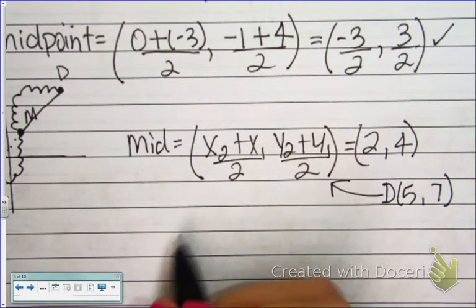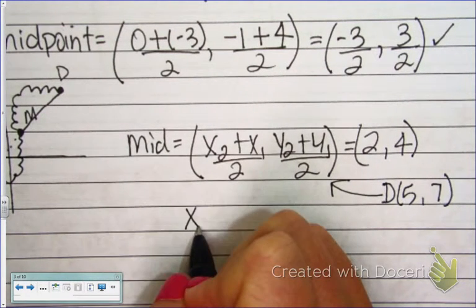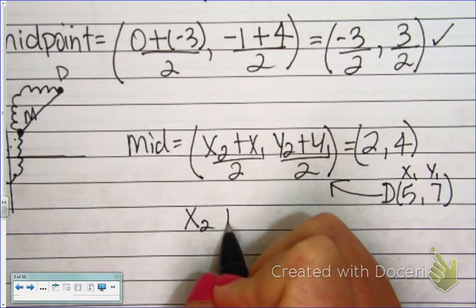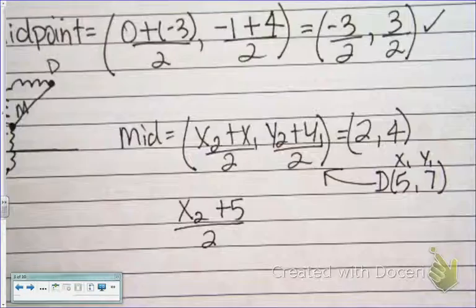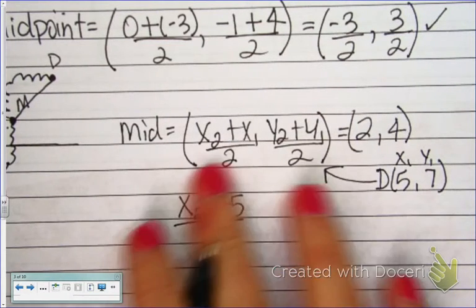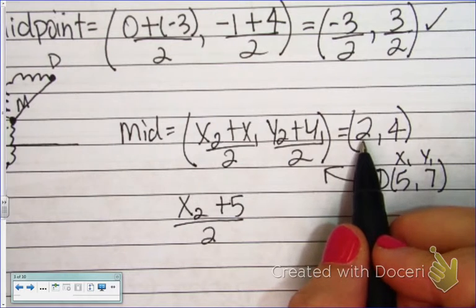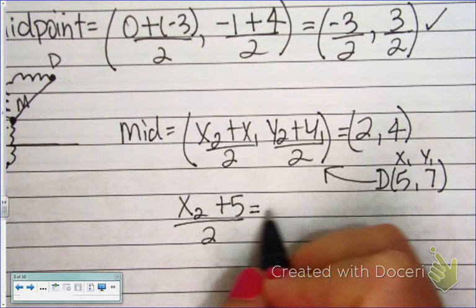Okay. So we can just leave our x2. We'll say that this is our x1, y1. So I'm going to plug that in, plug my 5 in over 2. So this right here is going to give me my x coordinate. But look what it tells us our x coordinate for our midpoint is. It's 2, so I'm going to plug that in.